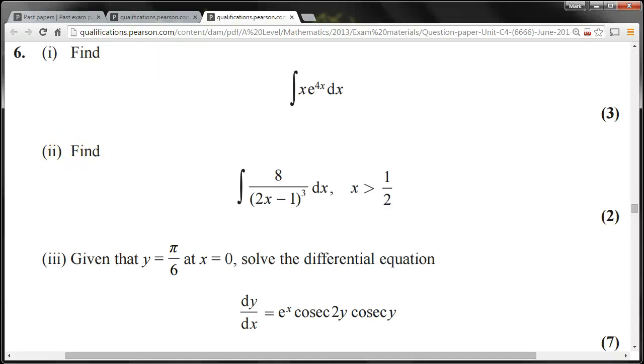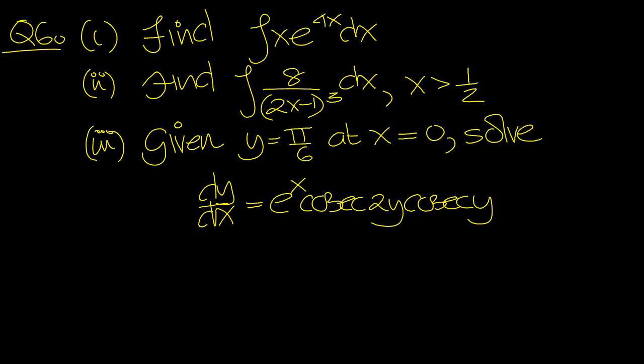Question 6 then. Here's the summary. Okay, we got parts, v du. So part 1, I'll call them I's. I equals uv, so it will be x is v, u is e to the 4x over 4, isn't it?